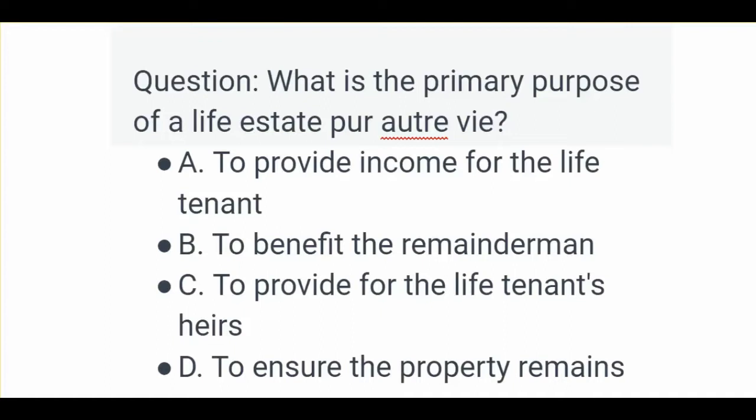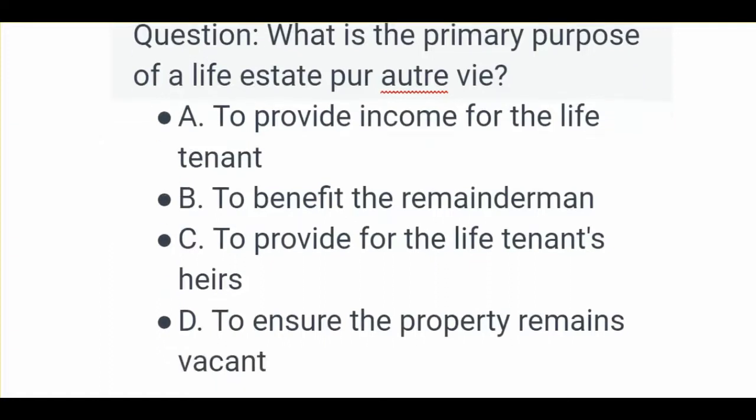What is the primary purpose of a life estate pour autre vie? A, to provide income for the life tenant. B, to benefit the remaindermen. C, to provide for the life tenant's heirs. D, to ensure the property remains vacant.